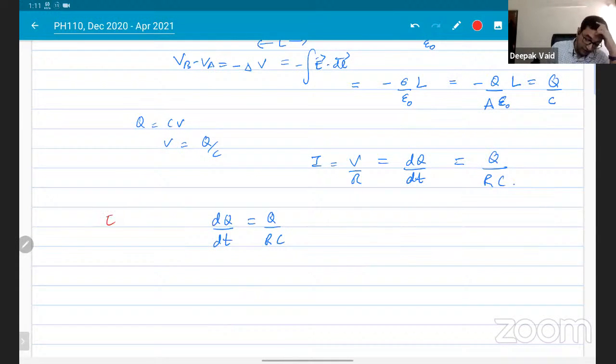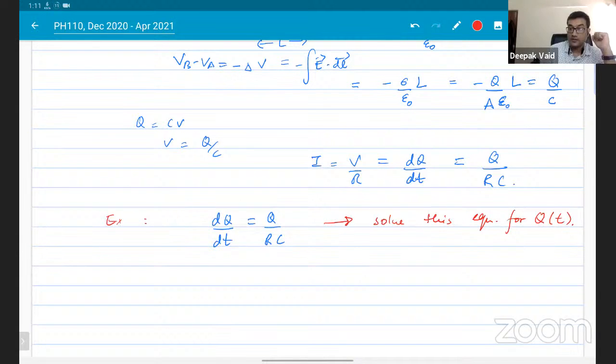So the exercise is as follows. Solve this equation for Q as a function of time. This is very easy to do, right?